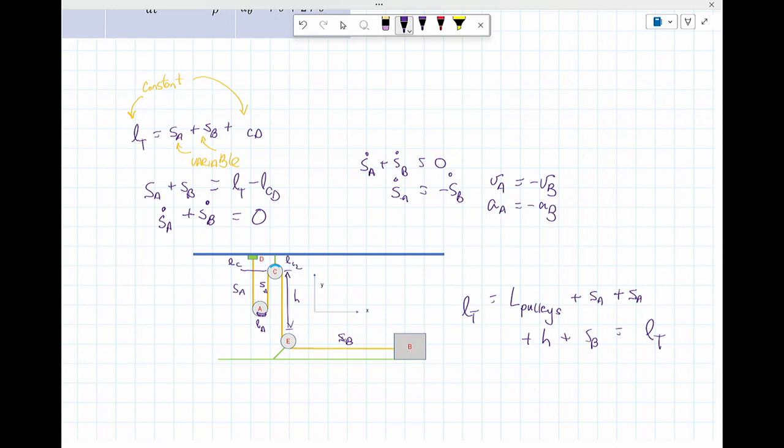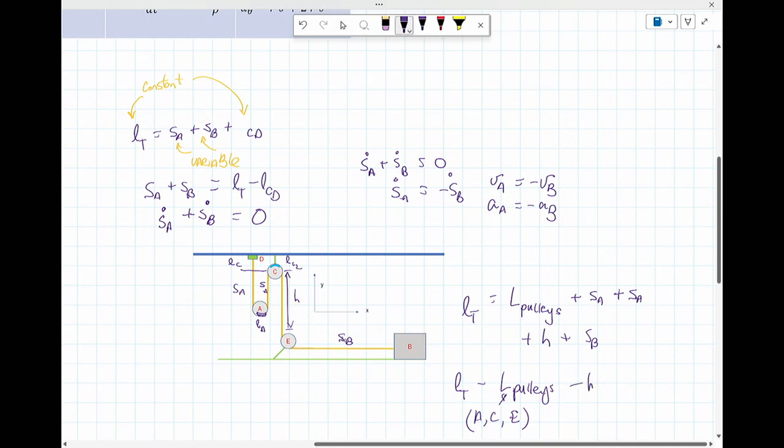So it's the same thing on both sides. This term is constant, this term is constant, that term is constant. So I can bring all of that to the left-hand side. Length total minus length of pulleys, and length of pulleys is A, C, and E. Equals, oh no, minus H is equal to 2SA plus SB.